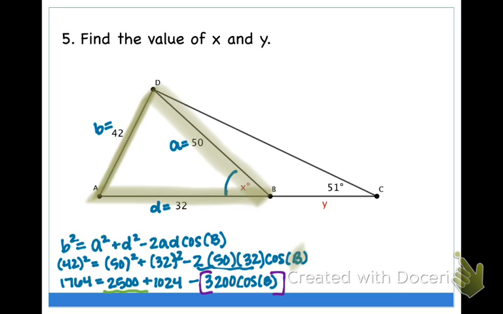I can combine the 2,500 and the 1024, and that's going to give me 3,524, and then we can subtract that. So I'm going to write it up at the top here. We now have a new line, 1,764 equals 3,524 minus 3,200 cosine B.